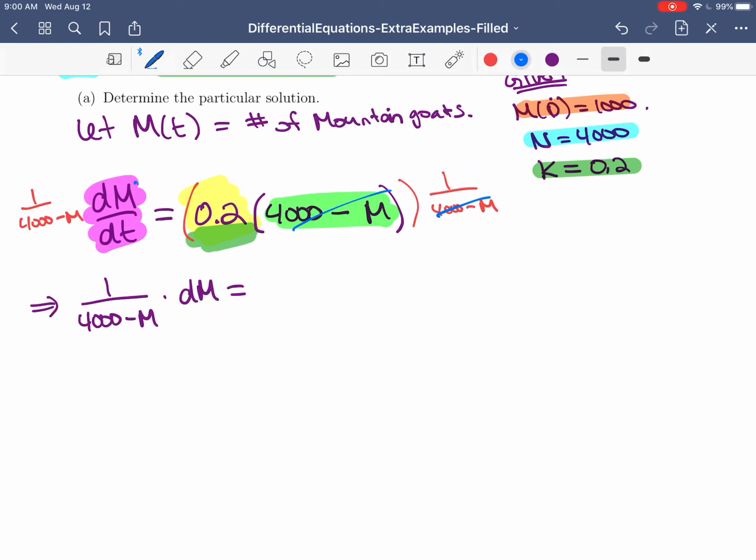And I'm also going to multiply by dt to move it to the other side. So the t's are going to cancel over here, and I'm left on this side with 0.2 dt. So now I have all the m's on the left, all the t's on the right, so I want to integrate both sides.